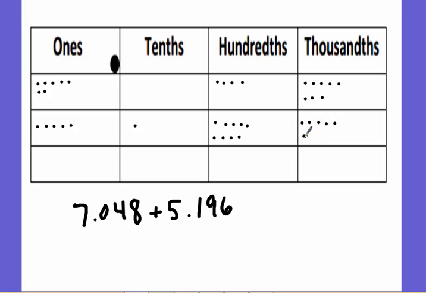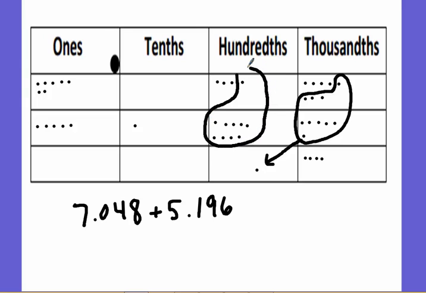Okay, I'm going to look for groups of 10. There's 6 here, so I need to get 4. And they are just being dragged and traded to the next one. I have 4 dots left over, 1, 2, 3, 4. Looking for a group of 10. There's 9 here, so I'm grabbing another one. And that's being traded to my next line over. And there's 1, 2, 3 dots left.